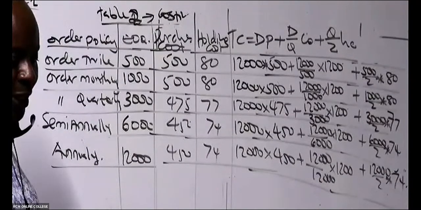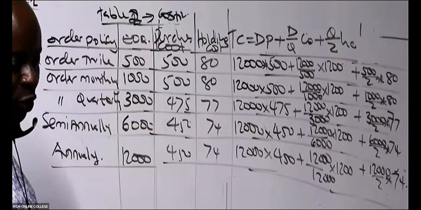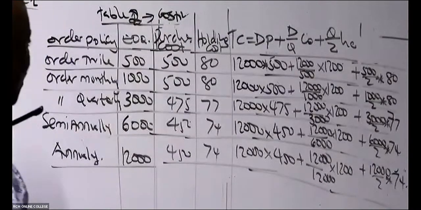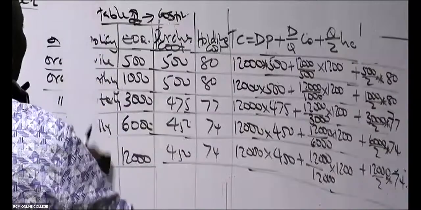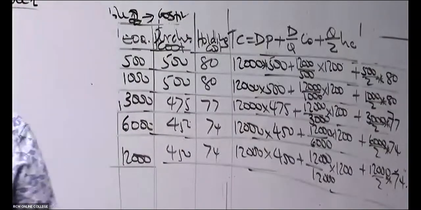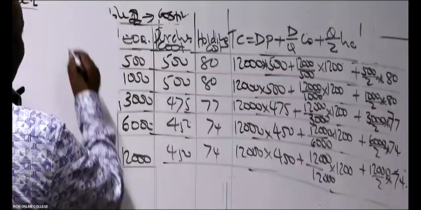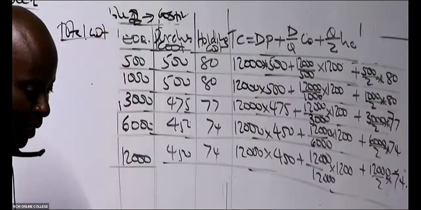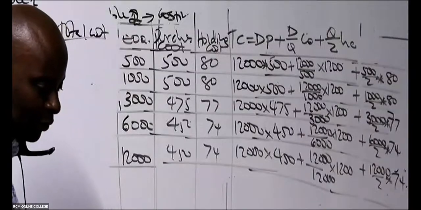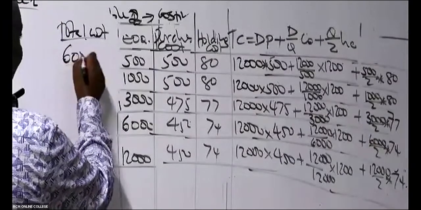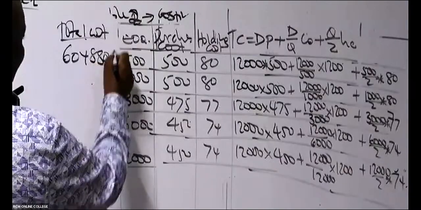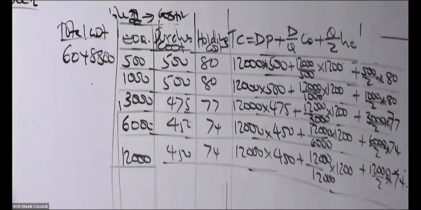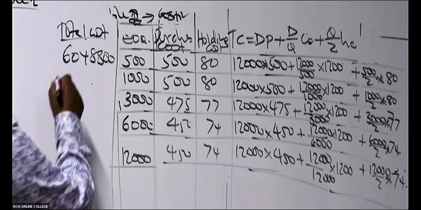So according to Bahati, the first one is supposed to be 60, 48, 800. Just allow me to write here. Total cost. So total cost according to Bahati, we have 60, 48, 800. How about the second one? 60, 54, 400.